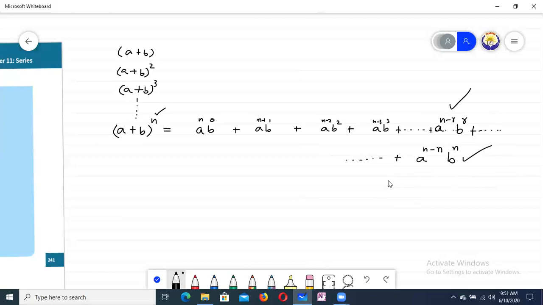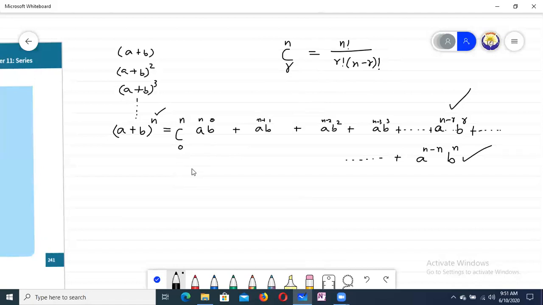Now, one question is here: what will be the coefficients? The coefficients will be nC0. This C is for combination. You already studied this in the permutation and combination chapter. This C stands for combination. nCr, you studied this formula: n factorial over r factorial into (n minus r) whole factorial. From the calculator you can directly substitute the value here.